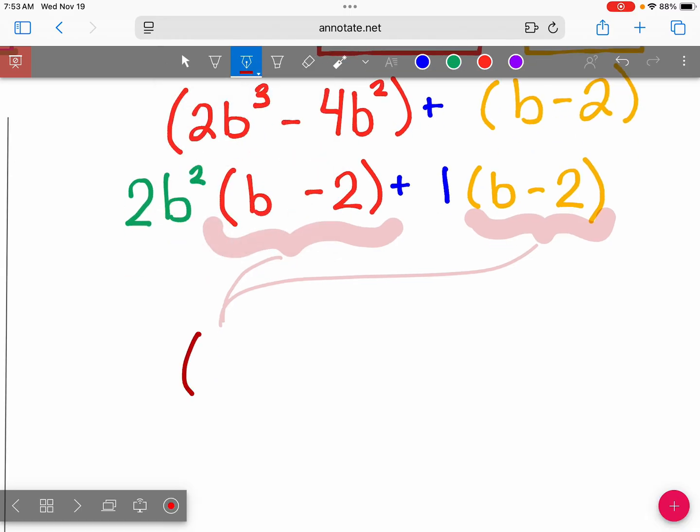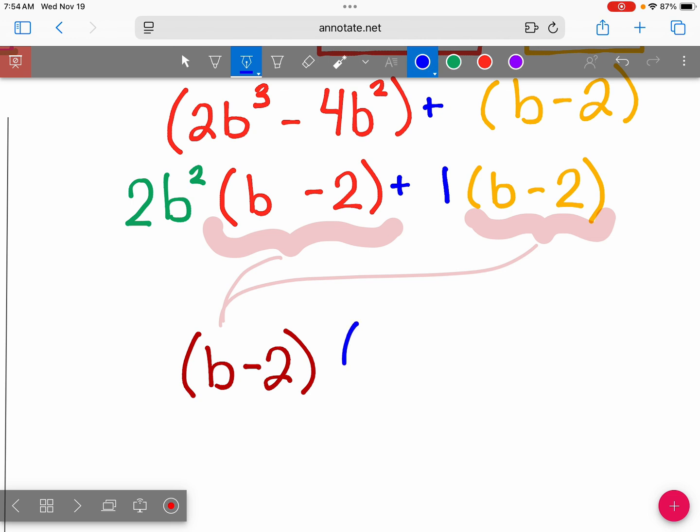So we're going to put our b minus 2 as its own factor. That means these two pieces are gone, and those last pieces left over here, my 2b squared and my 1, are what make my other factor. So when this gets pulled out to the front as a GCF, anything left becomes our remaining factor.